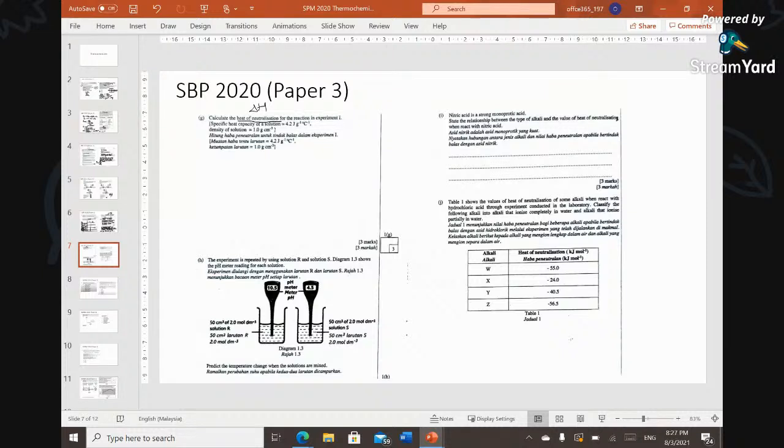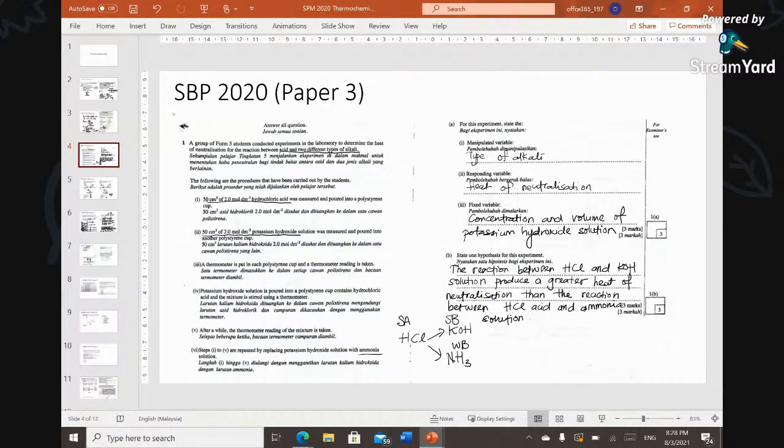So first step, definitely you have to calculate the Q, because delta H is equal to Q divided by the number of moles. Q is equal to MC theta, so substitute in the values. The mass: if you go back to the question just now, it was 50 centimeter cube of the acid, and 50 centimeter cube, you can refer to the procedure.